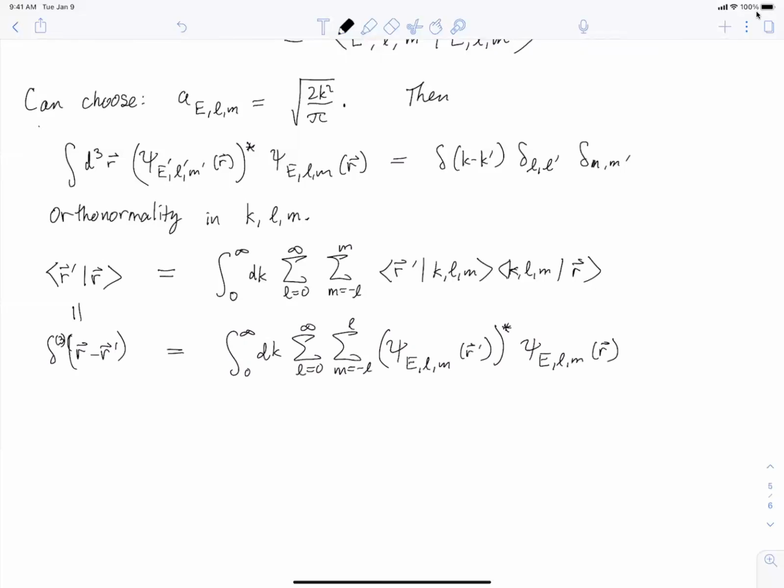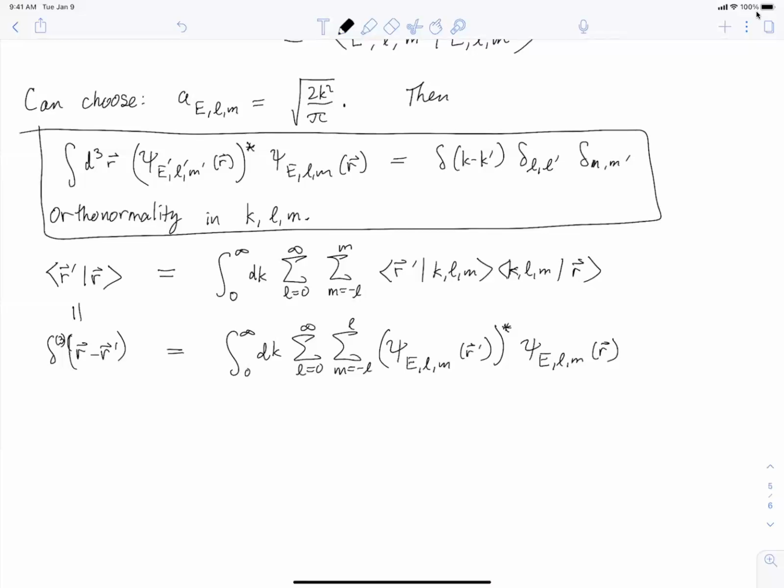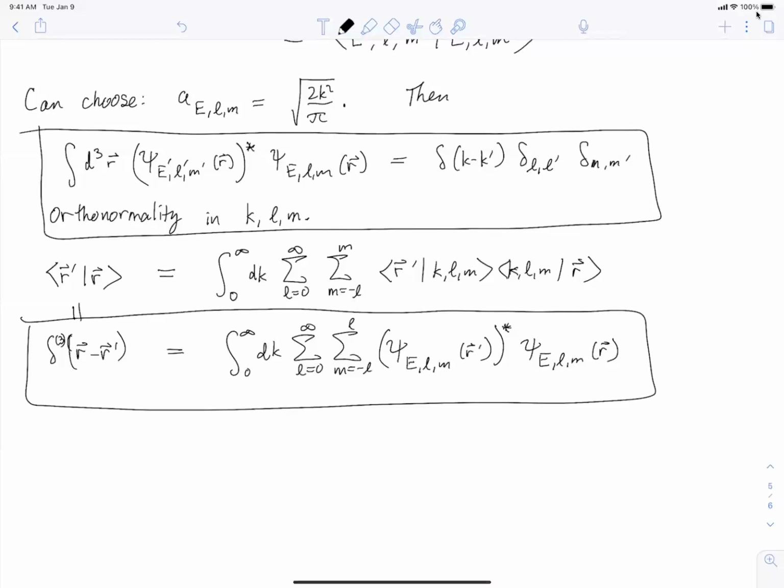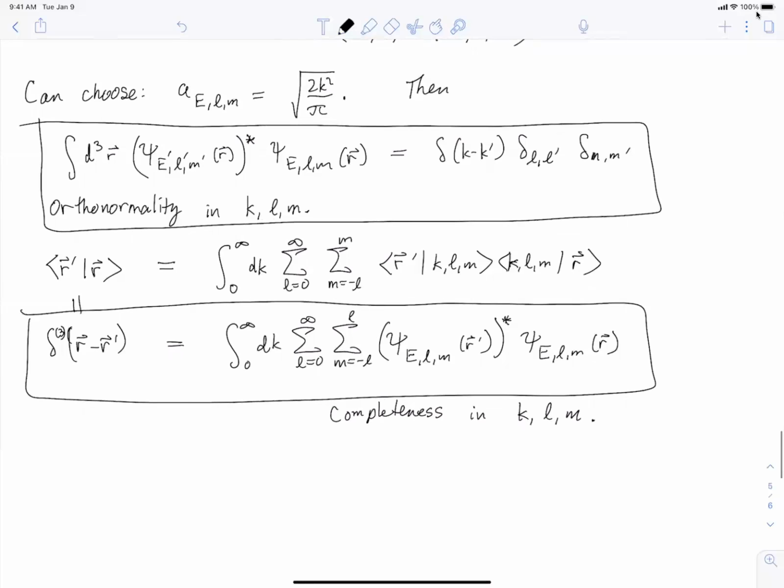Okay, so this was the orthonormality condition for these plane waves, or not plane waves, spherical waves. And this is the completeness condition. This is completeness in K and L and M. All right.